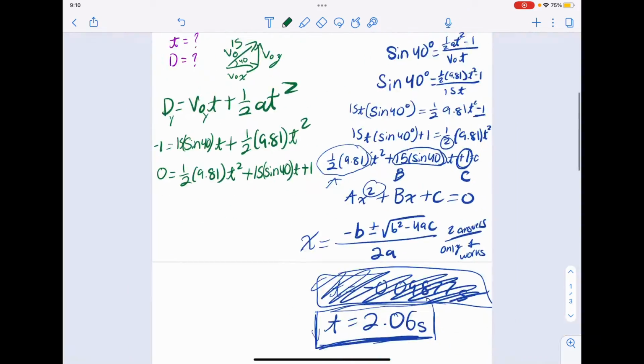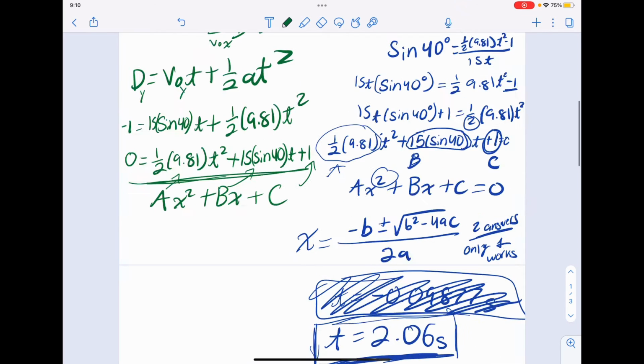We ended up with the same exact equation. Same thing. ax squared plus bx plus c, where we have C, B, and A. So that means that we're going to end up with t equals 2.06 seconds again when we plug it into our calculator.